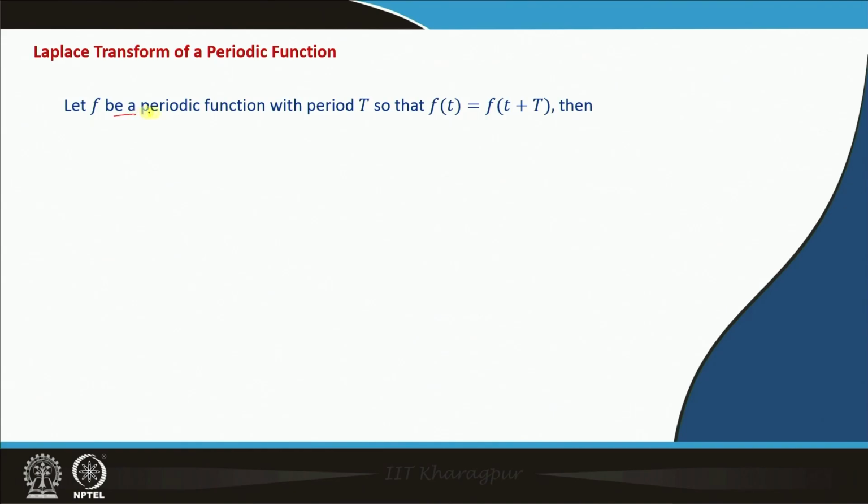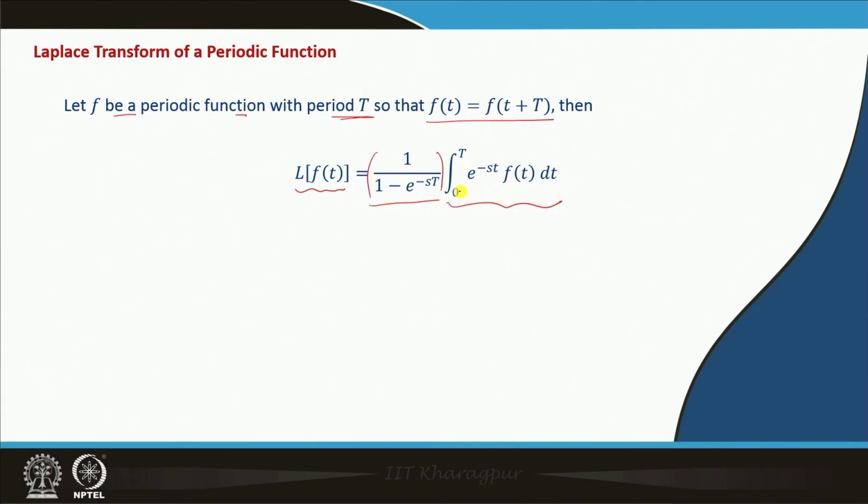So, let f be a periodic function with period capital T, that means that f(t plus T) will be equal to f(t), and in that case we will observe that the Laplace transform of such a periodic function can be computed by this simple formula, which says 1 over 1 minus e power minus sT, that is outside the integral, and then the integral will be from 0 to capital T, e power minus st as usual, which comes in the Laplace transform, f(t) dt.